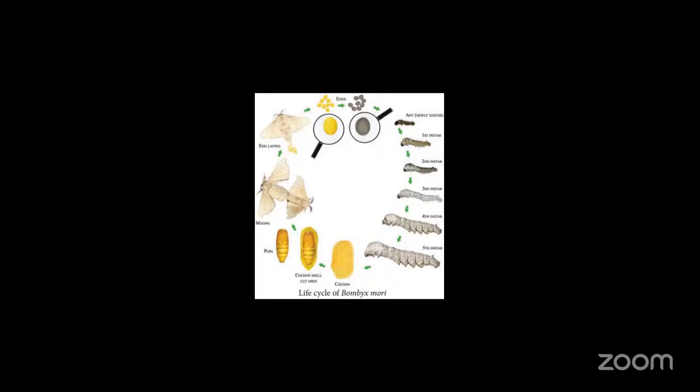Okay, and coming to the last one, the Eri silkworm. Eri silkworm scientific name is Philosamia ricini, originated from India. The plants on which Eri silkworm feeds are Ricinus communis, Manihot utilissima, Evodia fragrans.